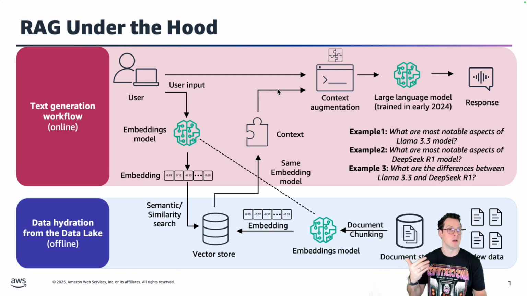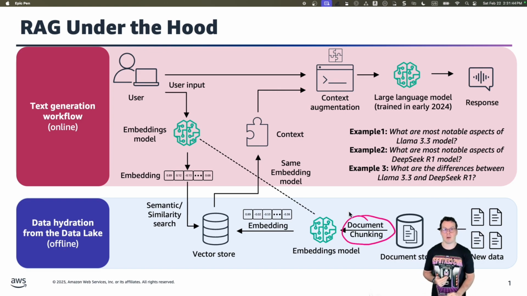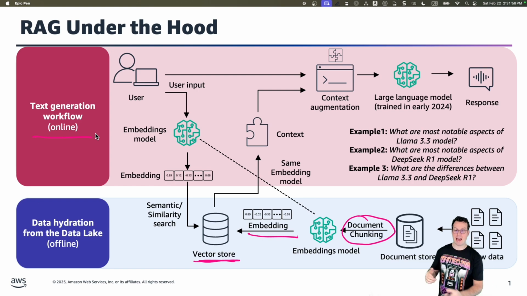Use the same embedding model to generate the embeddings of those chunks of documents that are being loaded from the document store. That then produces a set of embeddings that can be loaded into this vector store. And that ensures that during the text generation workflow, you have the relevant context, the relevant embeddings already in the vector store, to be able to find the similar information there.